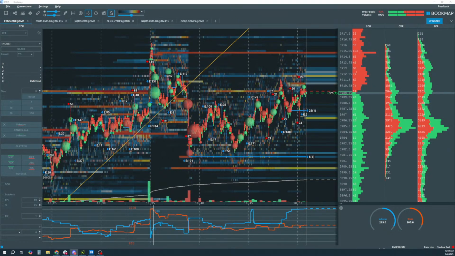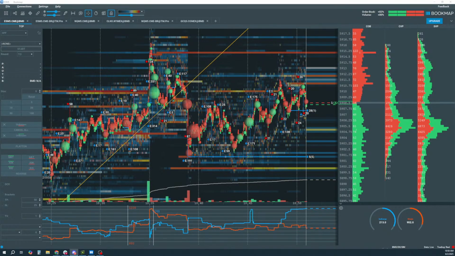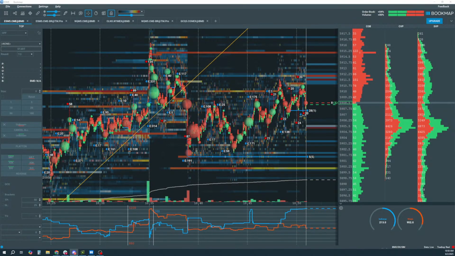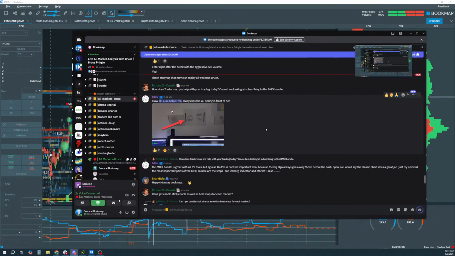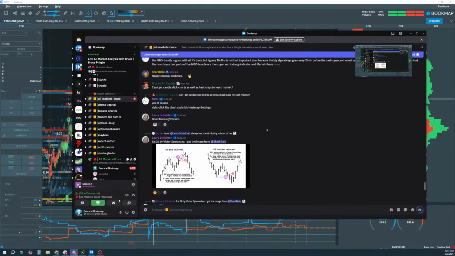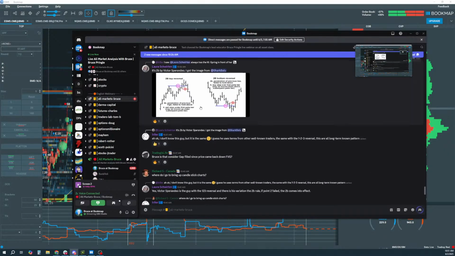Oh, some really juicy stuff in here. In the Bookmap Academy, let me just show you some of the discussion in here. Yeah, Laura's going back and forth with Alois and others on some of her setups, looking at the 1, 2, 3 pattern.